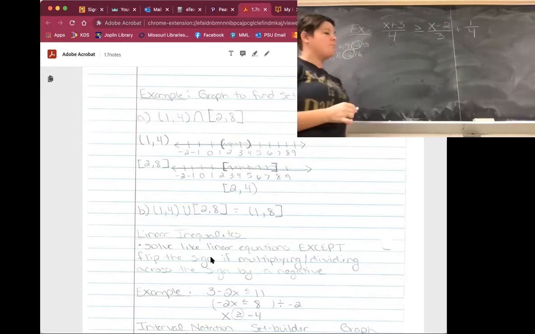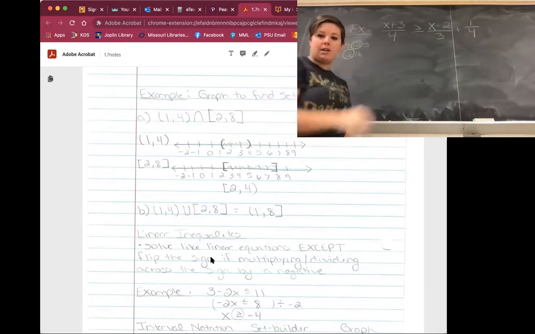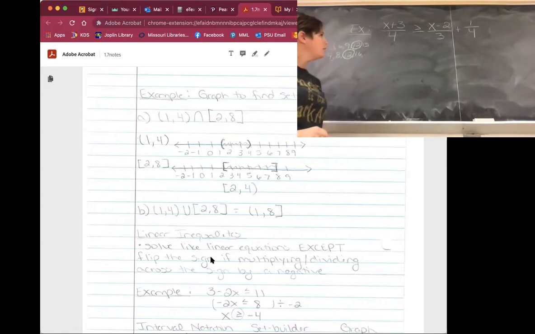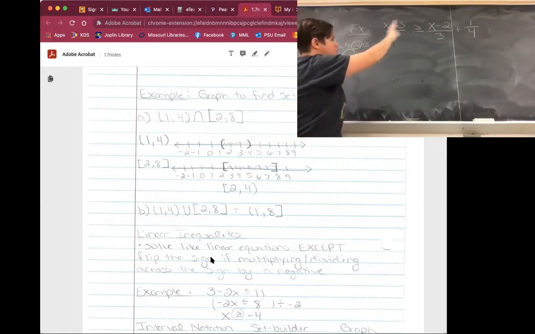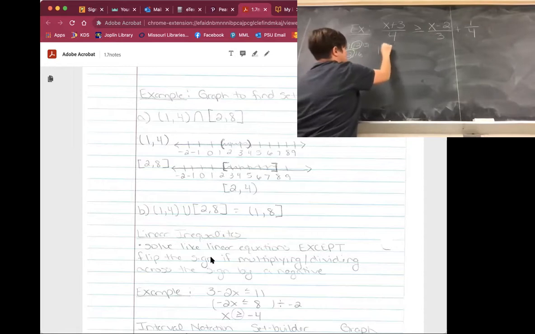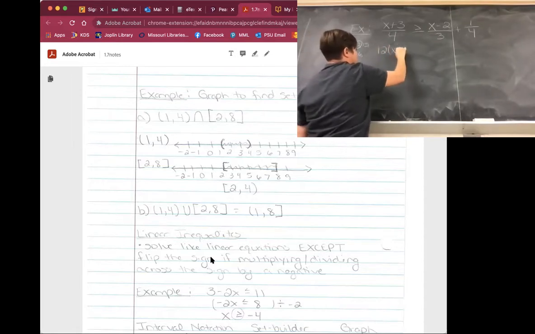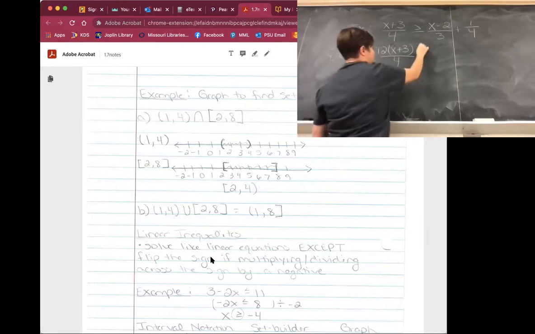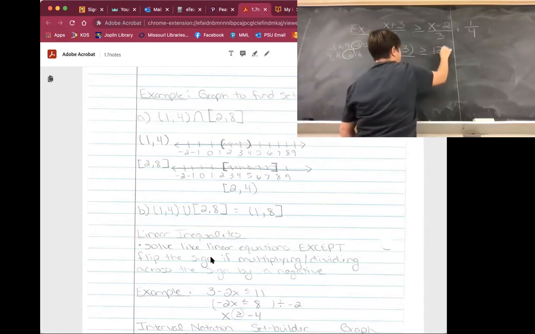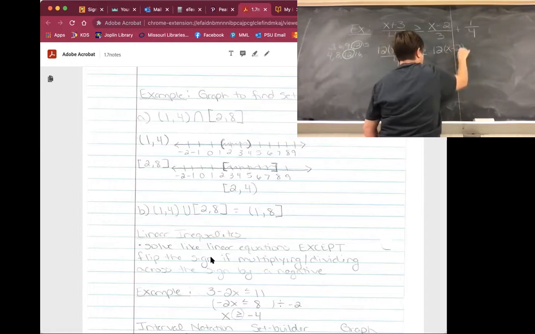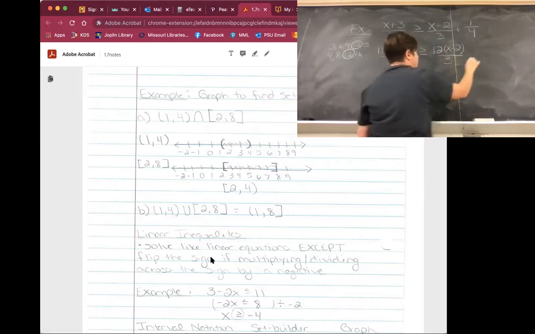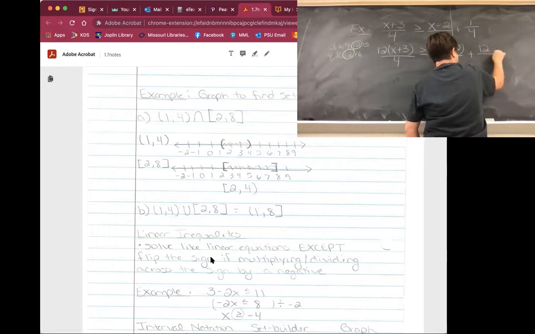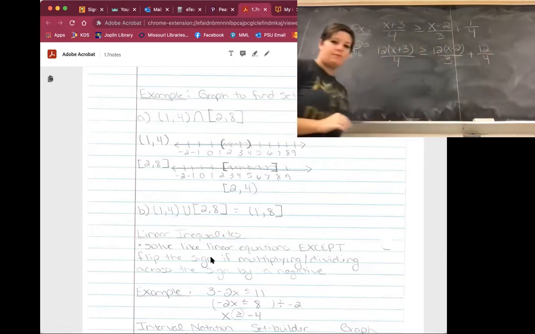That means I'm going to multiply every single thing by 12. So I have 12 times (x plus 3) over 4 is greater than or equal to 12 times (x minus 2) over 3 plus 12 over 4.